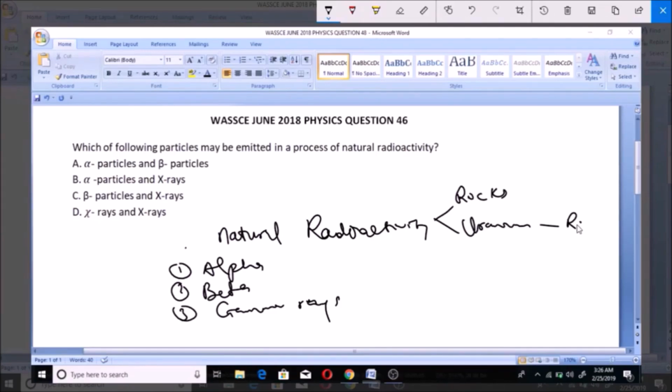Now, the alpha particle and the beta particles are trapped inside the rock, whereas the gamma ray escapes. It's very light.